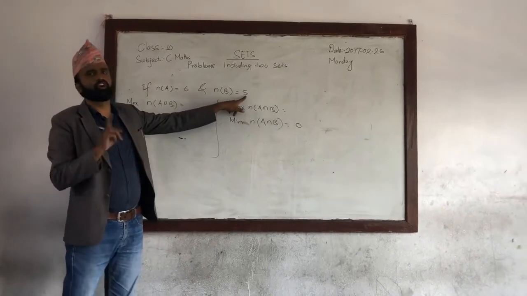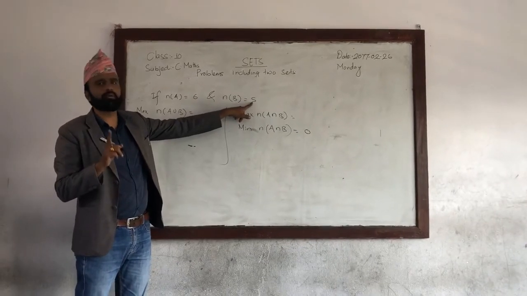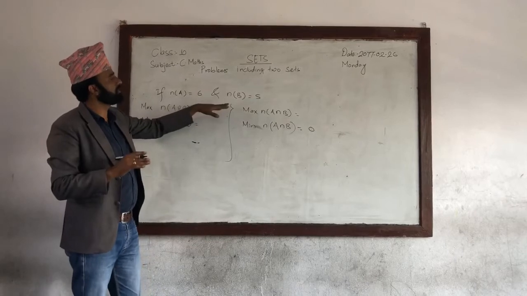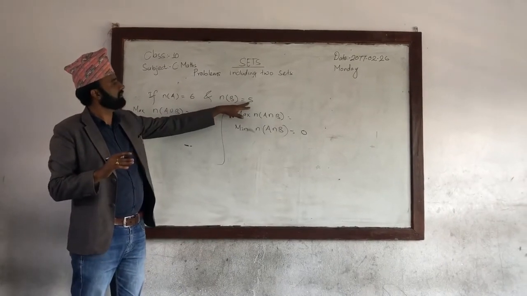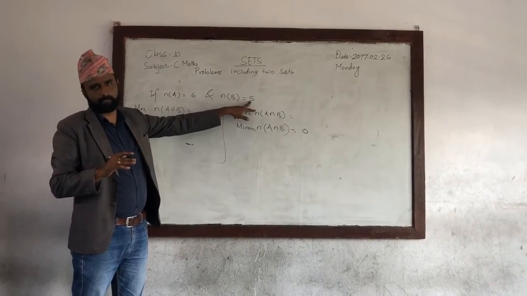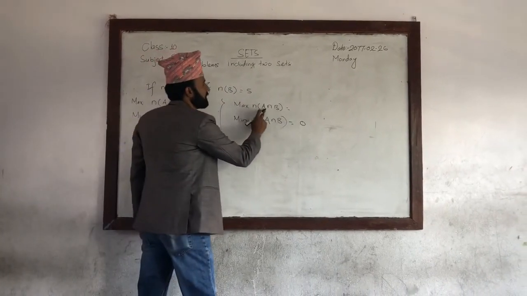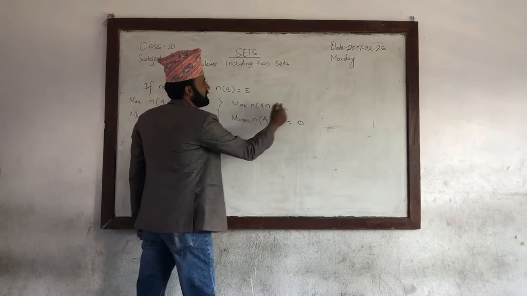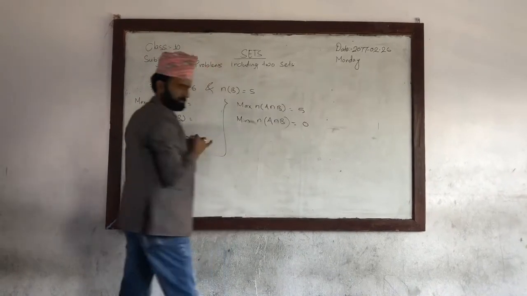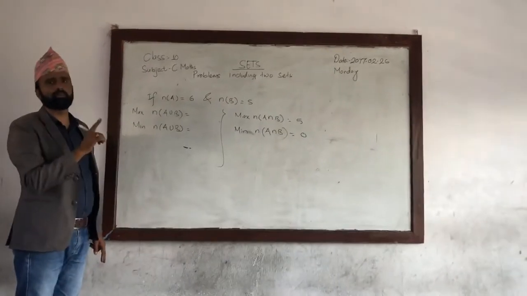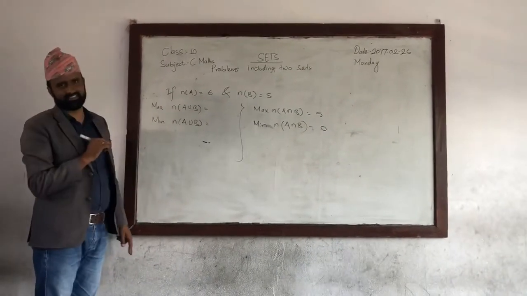I think not, because B has only 5 elements. So the maximum number of common elements of sets A and B is 5. There are no more than 5 common elements in these two sets.